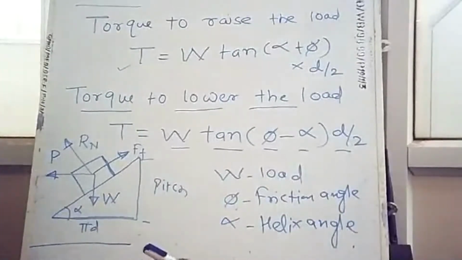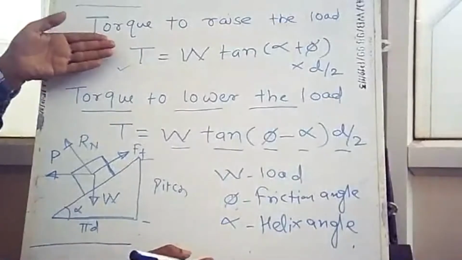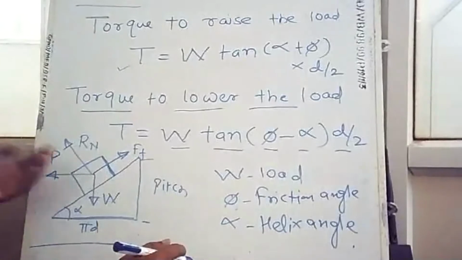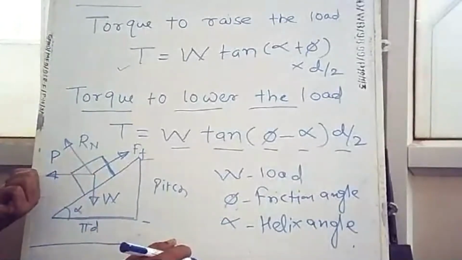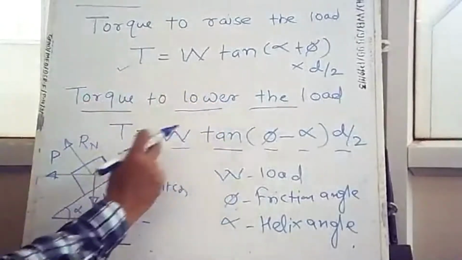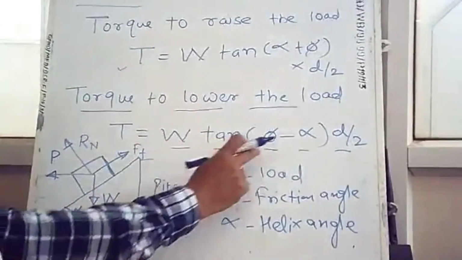In the last lecture, we have already proved this equation by using a similar approach. So by taking the opposite direction of effort, we say that the torque required to lower the load is T equal to W tan of phi minus alpha.